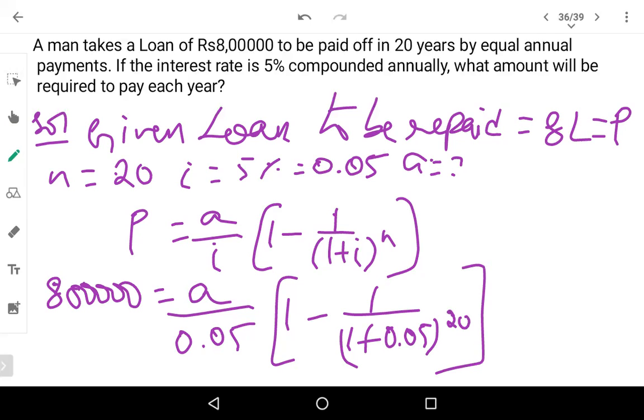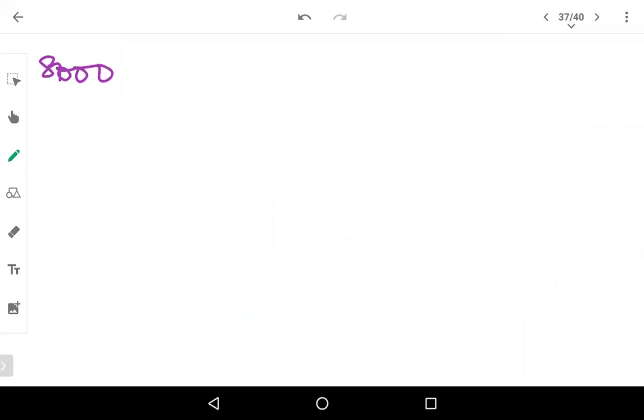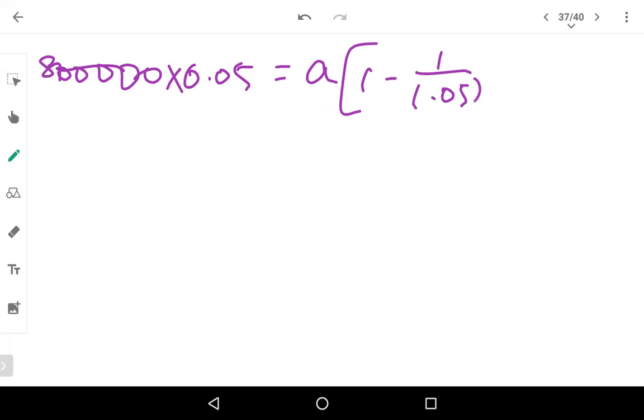Okay, now let us simplify this. So 8 lakhs is equal to... we can take 0.05 to the other side. So 8 lakhs into 0.05 is equal to A into 1 minus 1 divided by 1.05 to the power 20.